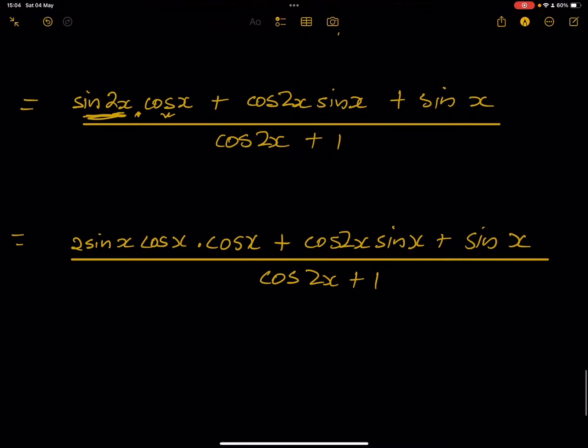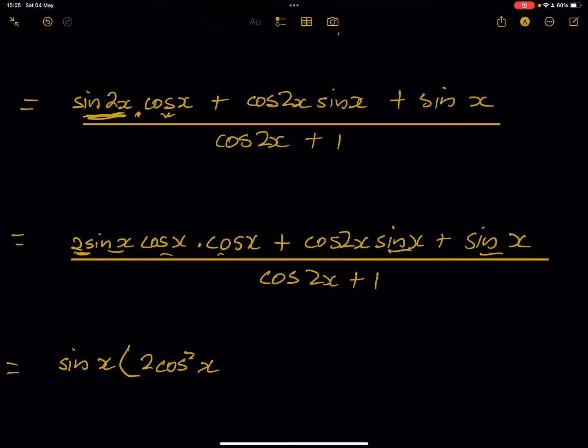Now, if I look at what we have there, I can take out sine x as a common factor, right? All of the terms there have got a sine x. The first one, without that sine x, becomes 2 cos and cos, so that will be 2 cos squared of x.